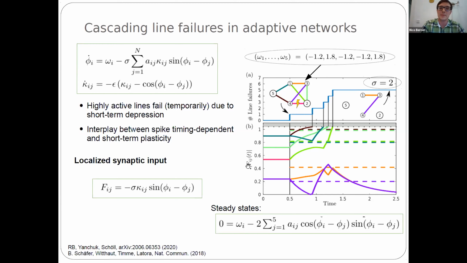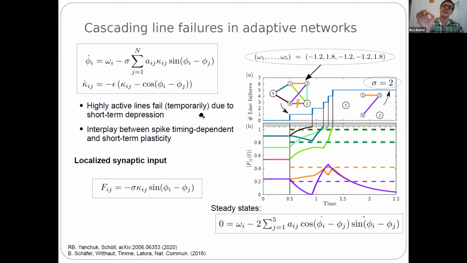So here you see the time series of, now this is not the capacity of a line, it's the localized synaptic input. So the line capacity can now be interpreted as the local synaptic input. And if it goes beyond a certain value, we can say it's failing, and this failing might be induced, temporarily at least, due to something called short-term depression.